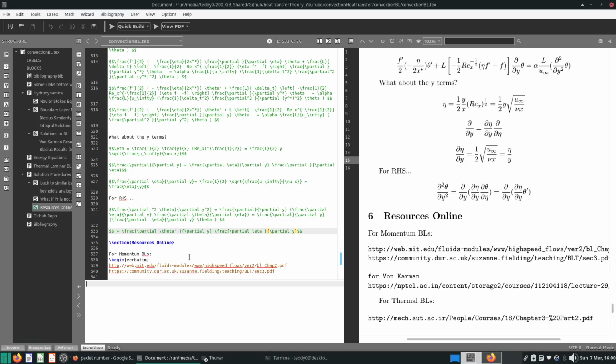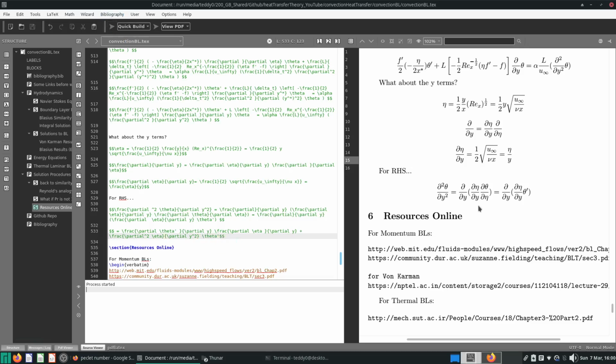And then we have the other way around, plus partial 2 partial squared of eta, partial y squared, and then we have theta prime. So now there are two things we need to figure out.